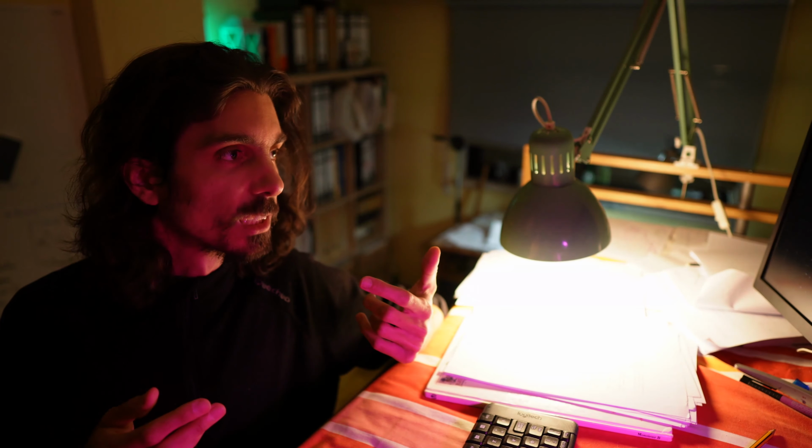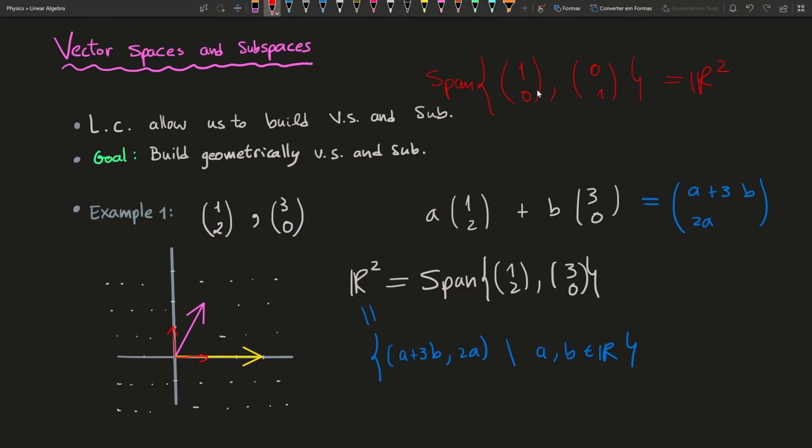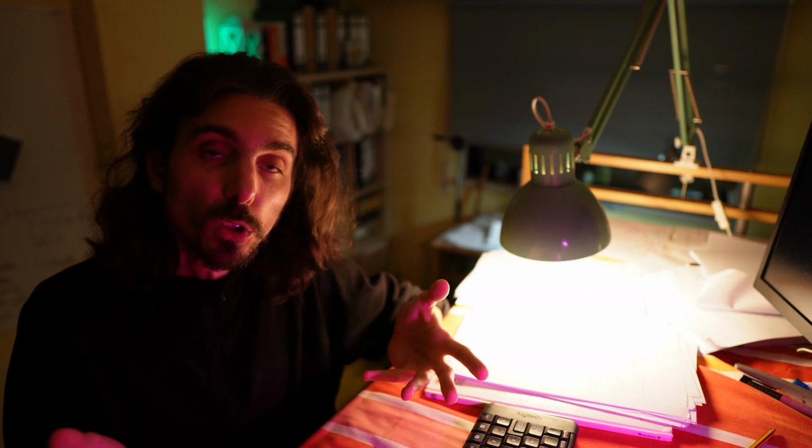So this is very important because you can see that the vector space R² can be generated in many distinct ways. As long as you introduce here in this list two vectors that point in distinct directions, the span of it is always R², which is no surprise. After all, R² is closed under linear combinations. So you can choose any starting point for it.